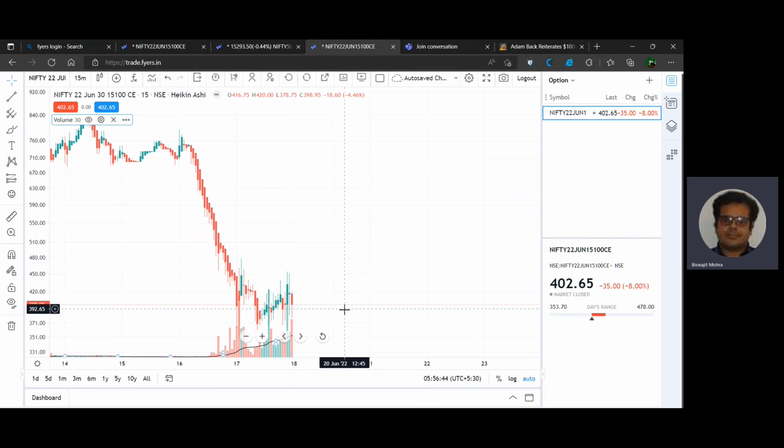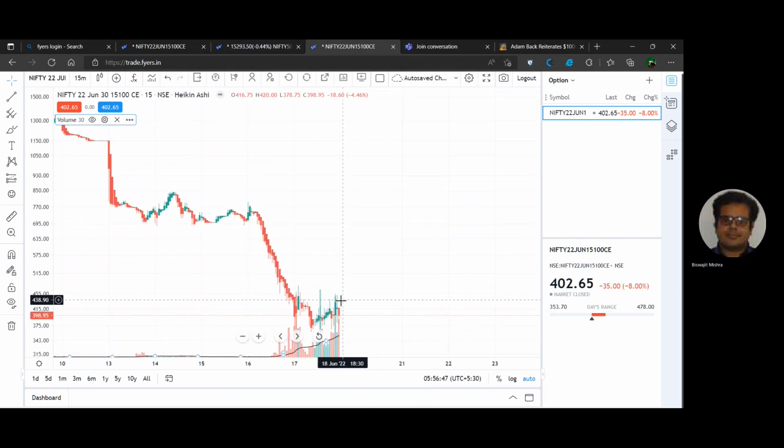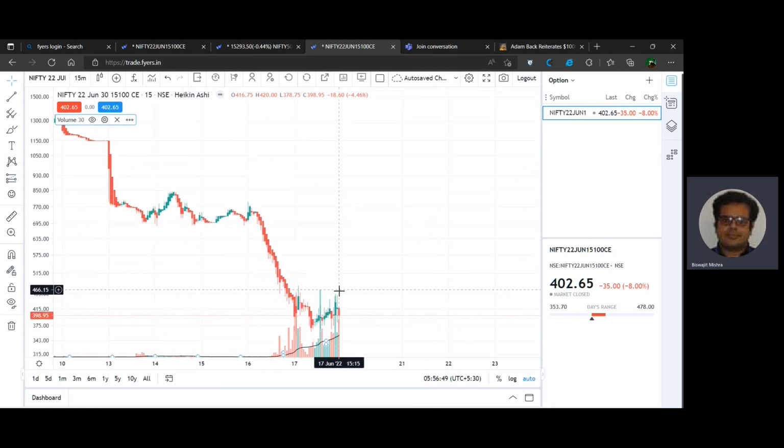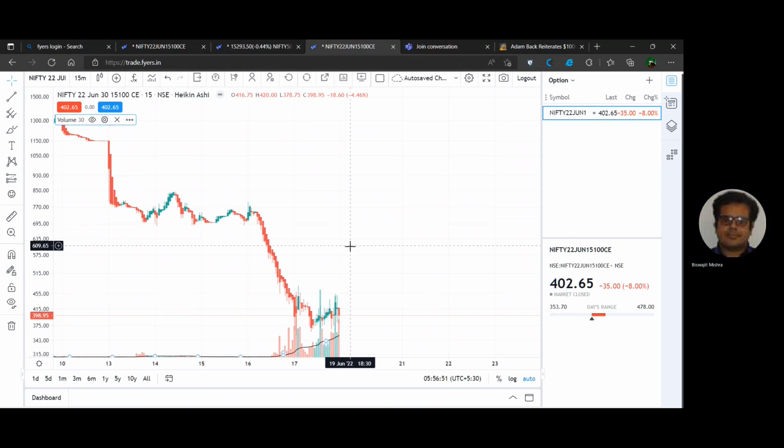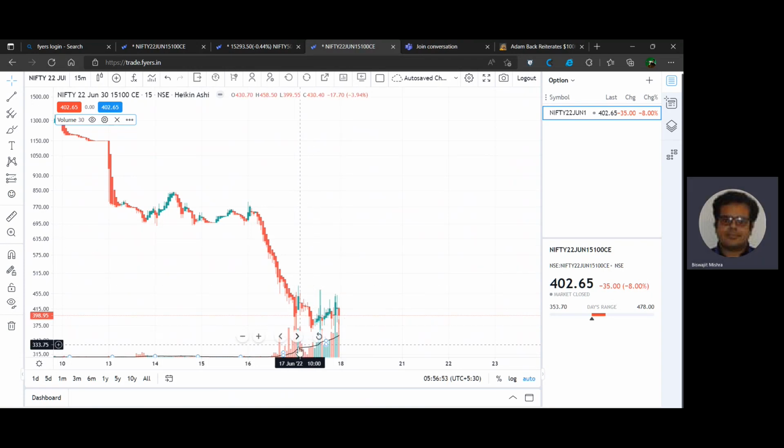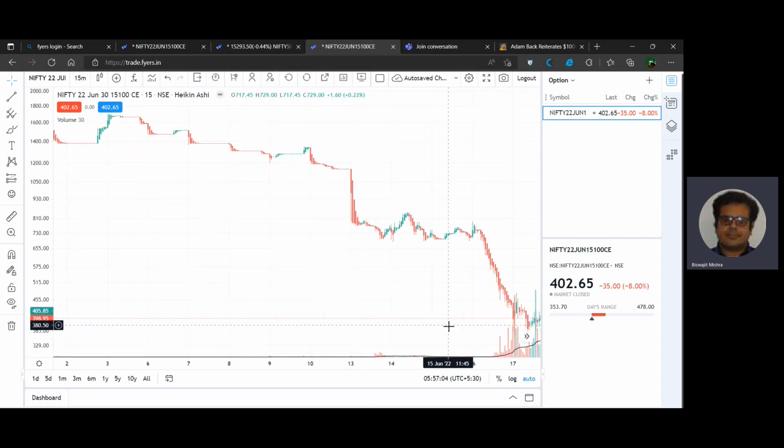Okay. Now, as per the algo, there are two things that you have to keep in mind. So the algo is whenever the bar, which is the volume bar, crosses the moving average, and it should cross the first time. So let's look at this graph.